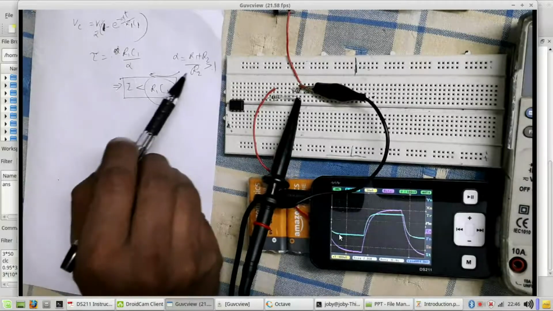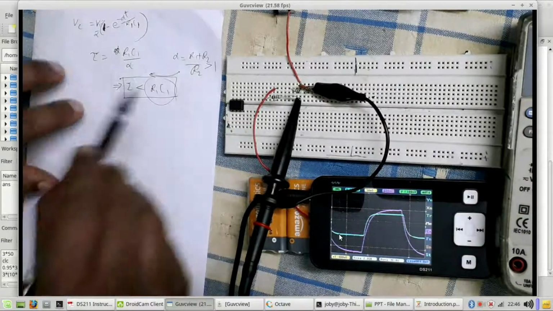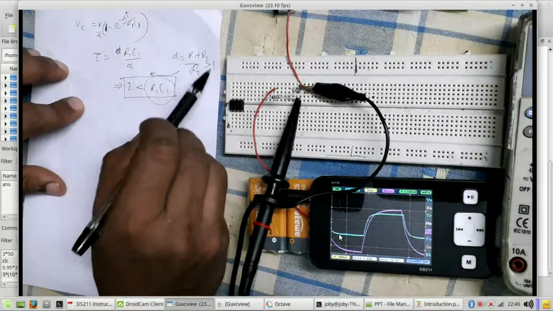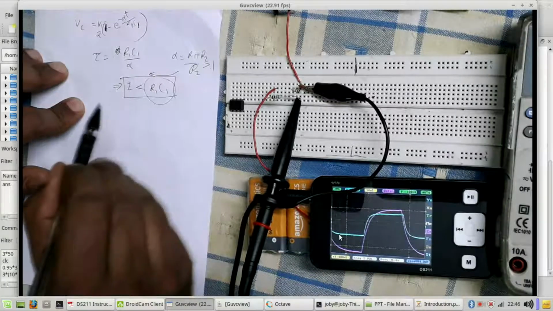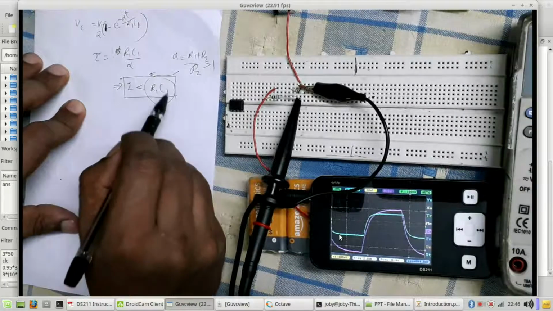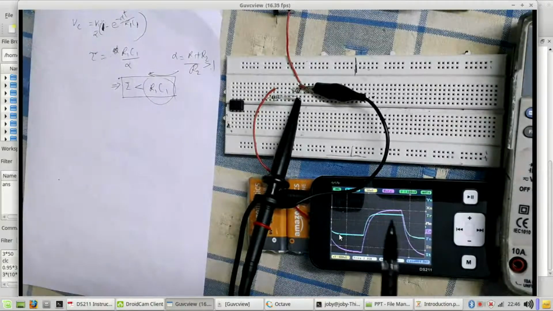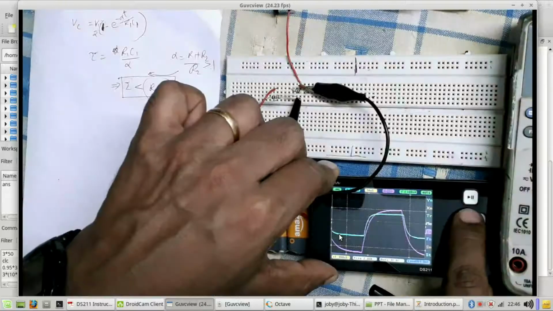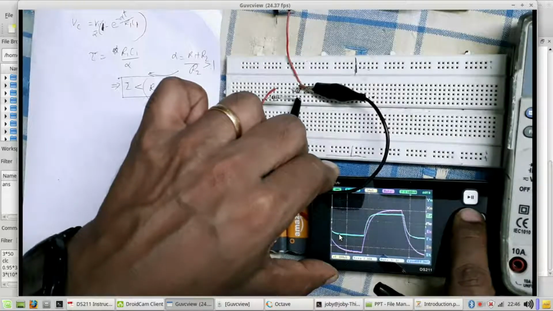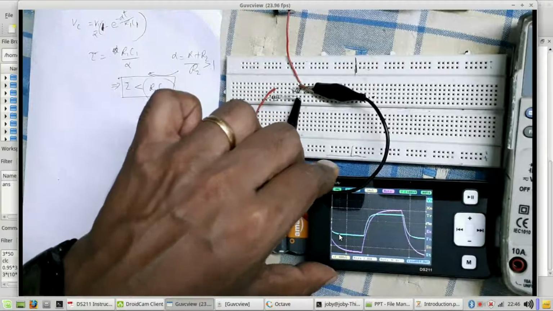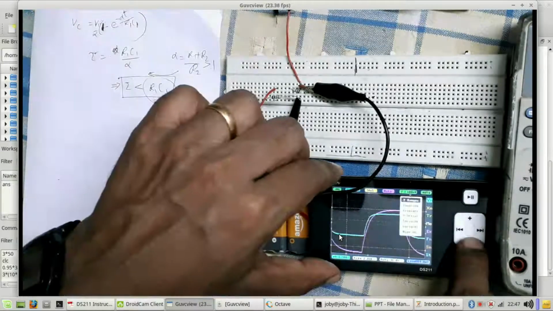And the ratio we have is R1 equal to R2, which means alpha is 2, so tau is half that of R1 C1. You can see that because the other one reached max here, and this one reaches its max somewhere here. Let us align the Y position of the blue to match this position.